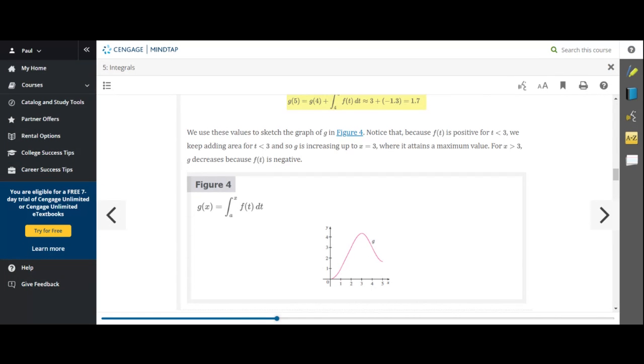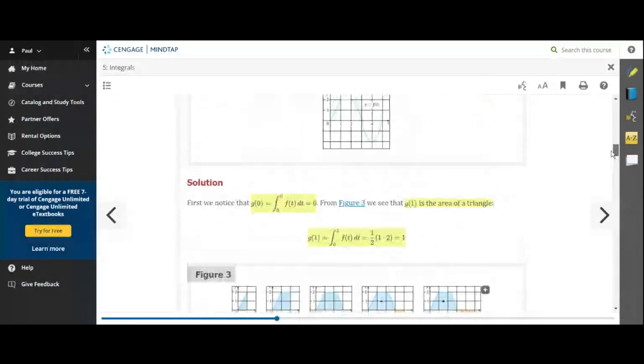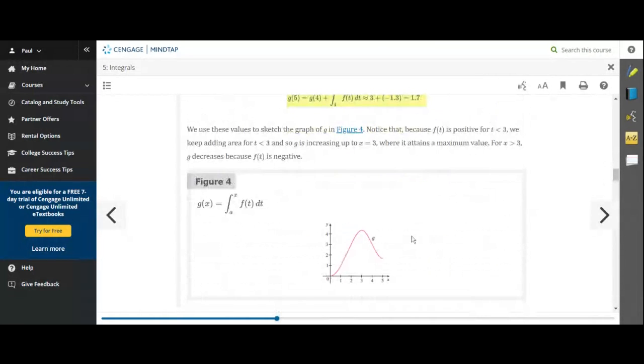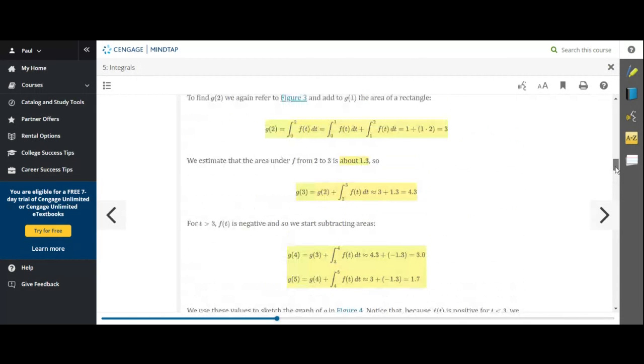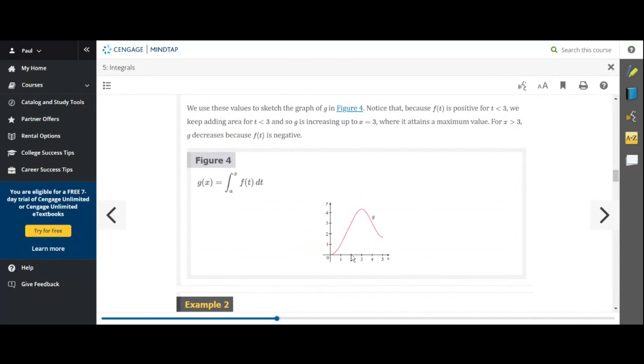When x is 0, g of 0 is 0, and that's why this g function starts at the origin. And then g of 1 was equal to 1, so that's why you got the point (1, 1) on that red graph of g in Figure 4. You have (1, 1) as the next point. And then g of 2 is 3, so you get (2, 3).